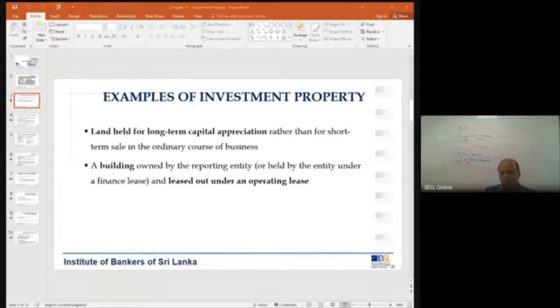What did we call those? The revaluation model and the cost model. Okay. Now here, what is the difference? The difference is here we call it the fair value model, and the other one is the same as the cost model. Okay. So please remember, that is very important.